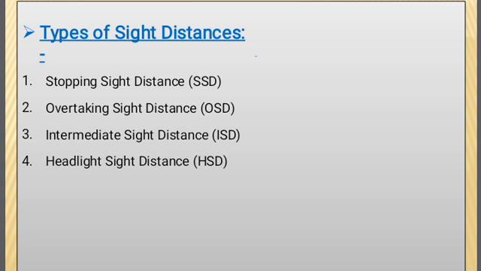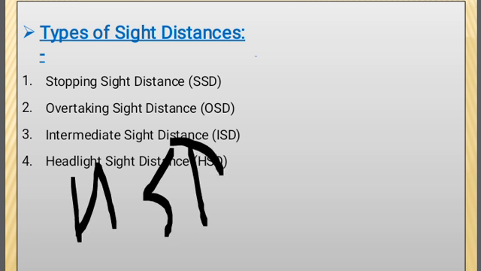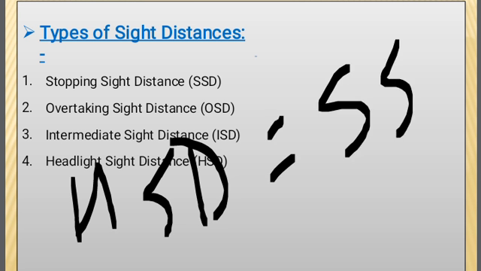Generally, headlight sight distance is considered equal to stopping sight distance, meaning HSD, headlight sight distance, equals stopping sight distance.